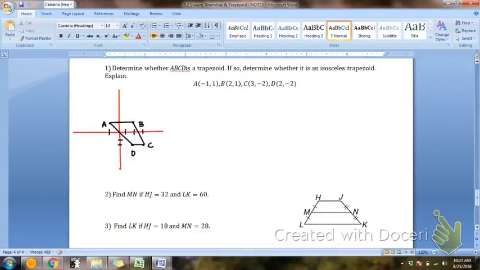Once we have it graphed, we need to check the slopes of all four sides, and I only want one pair of sides to be the same. So we're going to do 4 slope checks. Let's check the slope of AB first.